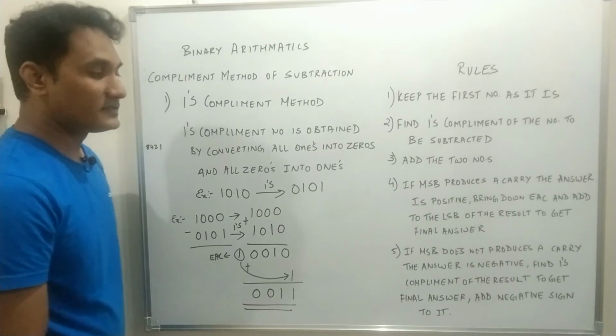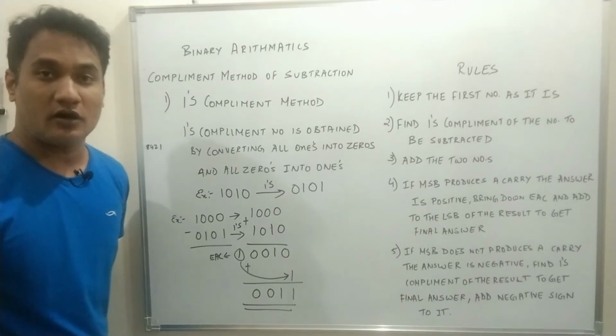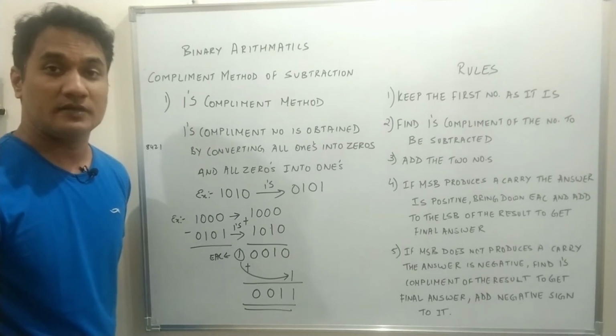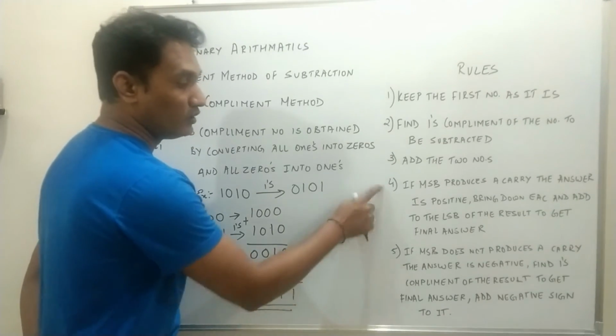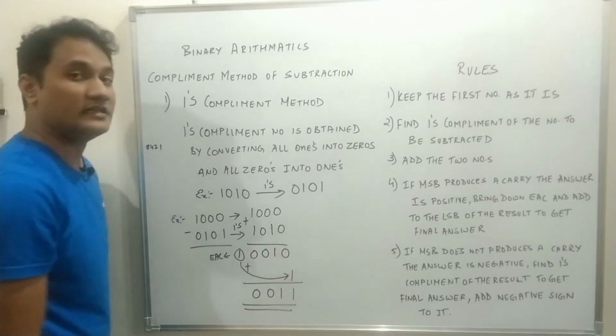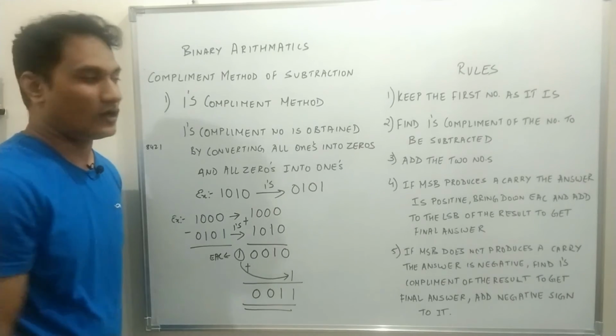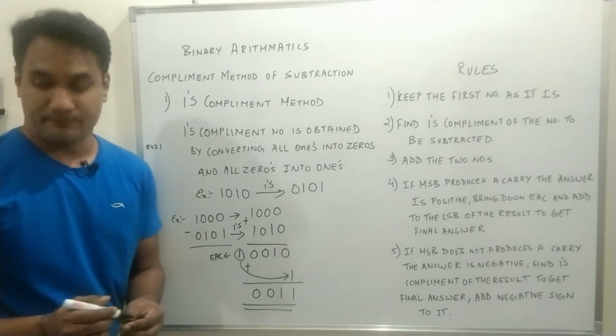On the same lines, we can take an example where the answer will come negative. That means out of these two, the last condition will be satisfied after the first 3 steps. So let us take an example and solve and try to understand.